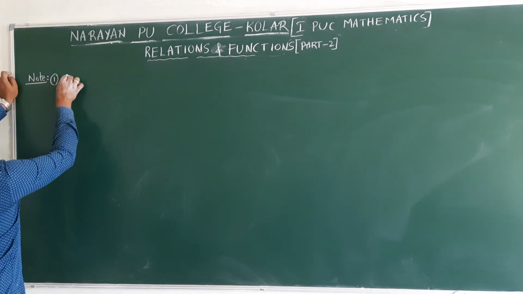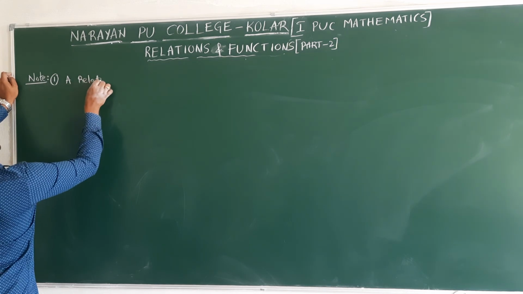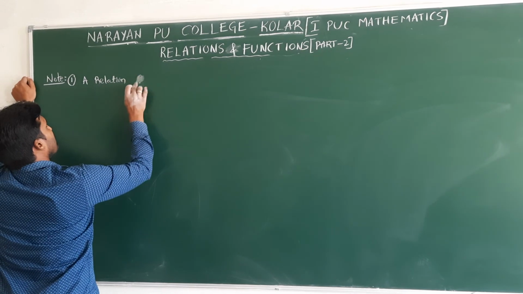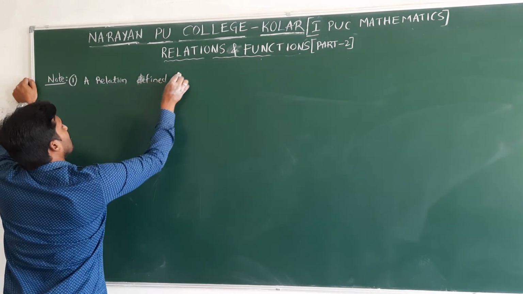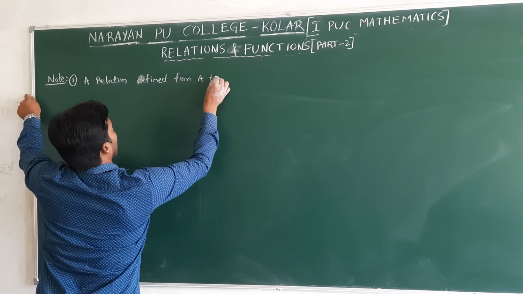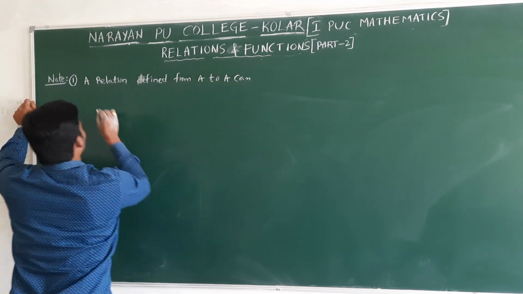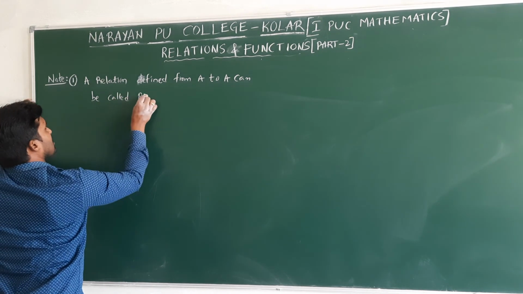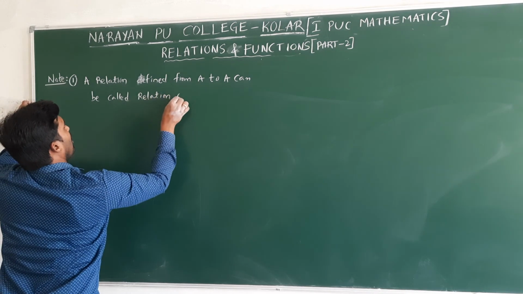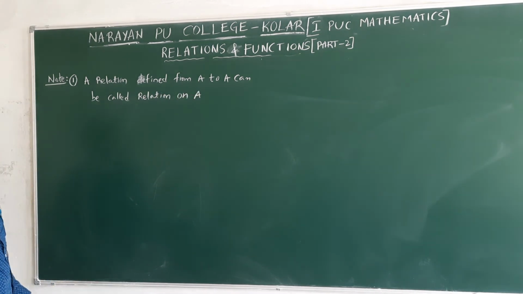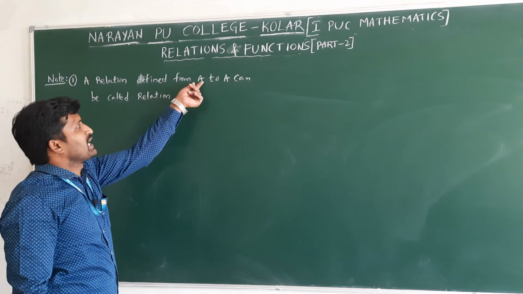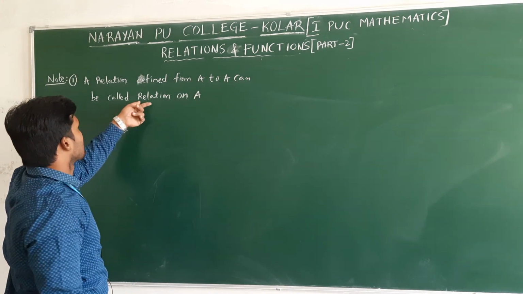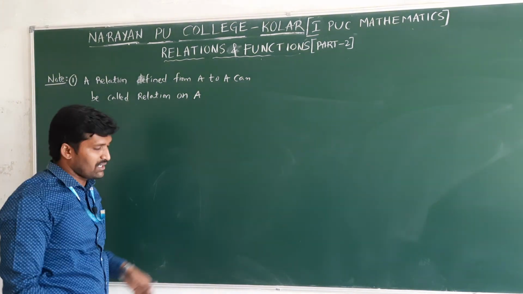So a relation defined from A to A can be called a relation on A. If a single set is given, here we take the domain as A and the codomain also as A. How to read it: simply, the relation is on set A.